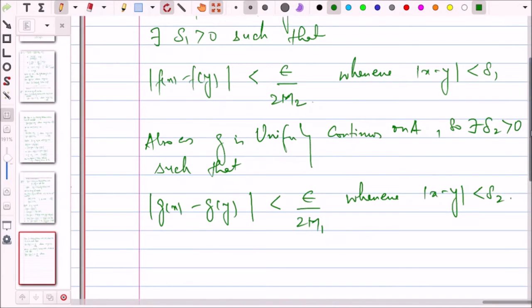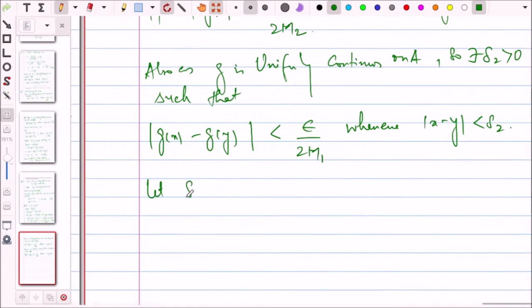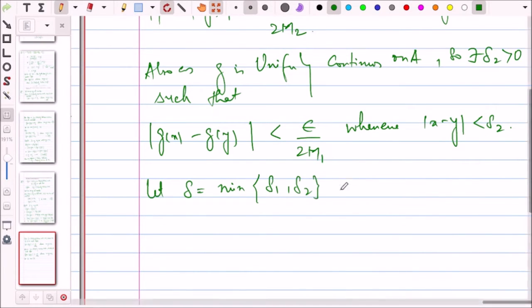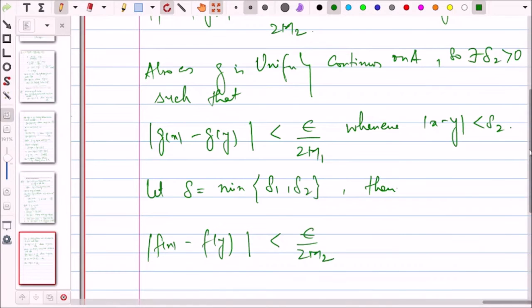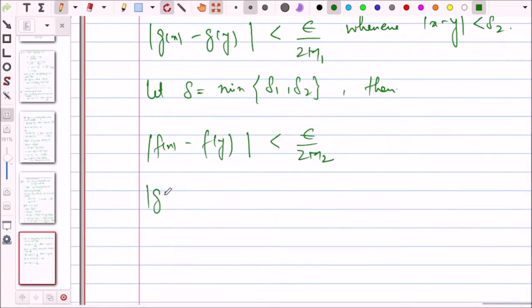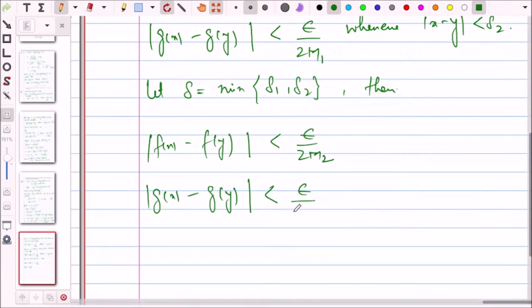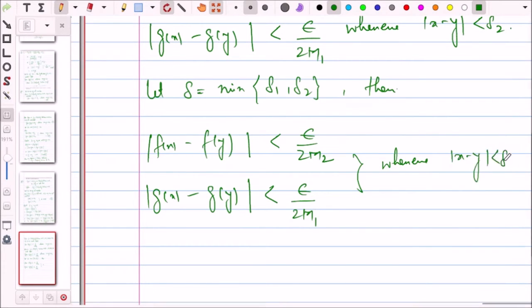Let delta equal the minimum of delta 1 and delta 2. Then |f(x) - f(y)| is less than epsilon times 2m2 and |g(x) - g(y)| is less than epsilon times 2m1 whenever |x - y| is less than delta. Mark it as double star or triple star.